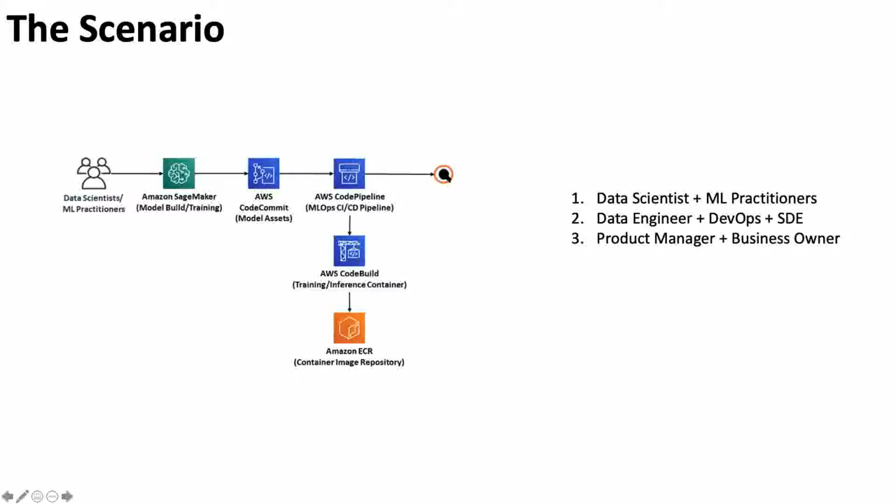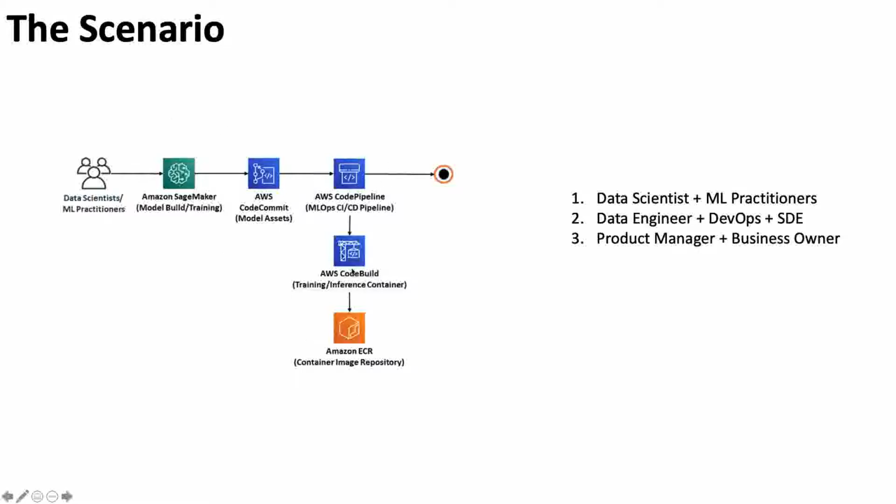And this is at the end. But in between here, we also have a CodeBuild, which means we're going to create containers. The containers will help us to keep a copy of all these training and inferencing assets together and put it into a private repository called the Container Image Repository, ECR, on the Amazon AWS cloud. So this is basically what we try to do.